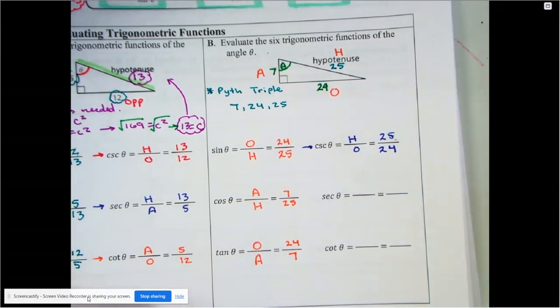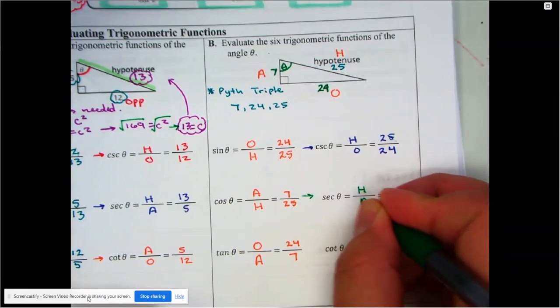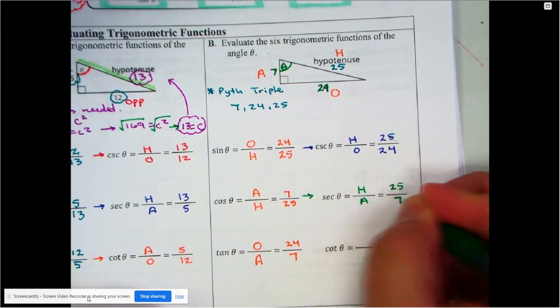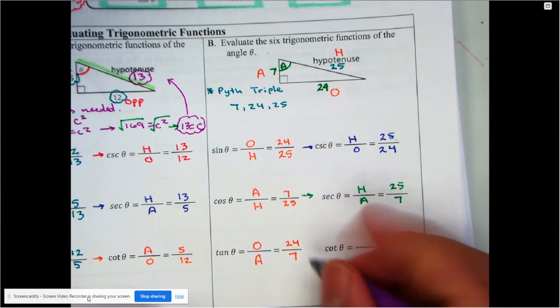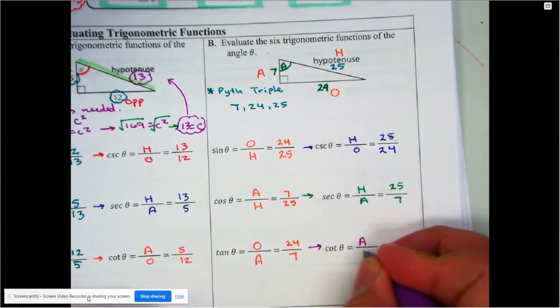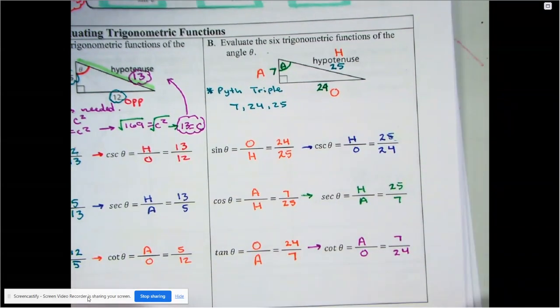AH, then that's HA, so all I have to do is flip this one: 25 over 7. And finally, looking at this last one, tangent is related to cotangent. Flip it over, so 7 over 24. And just like that, there's my answer.